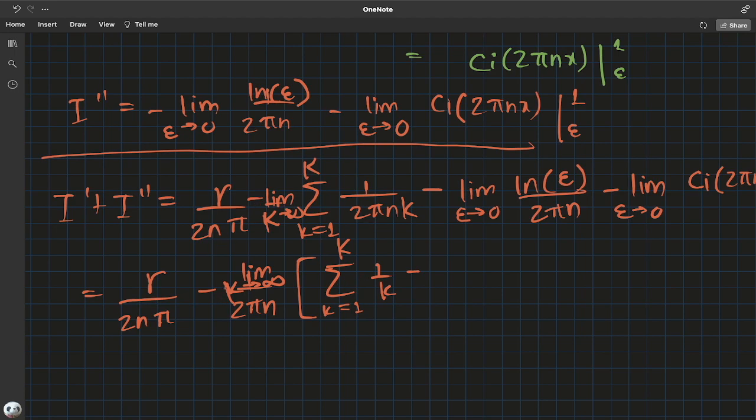Since we pulled a minus out, shouldn't this be a plus in here? But no, I'm switching. So notice that natural log of 1 over epsilon will introduce another negative sign, but the limit will now have to be flipped to an infinity.